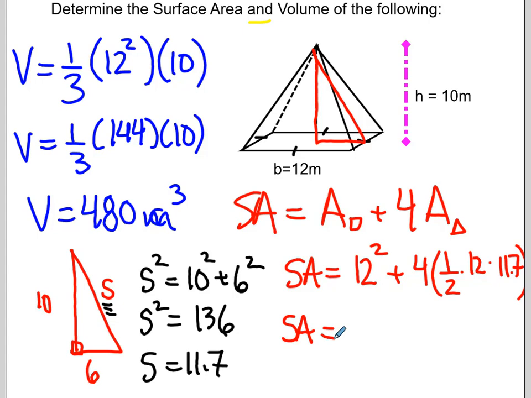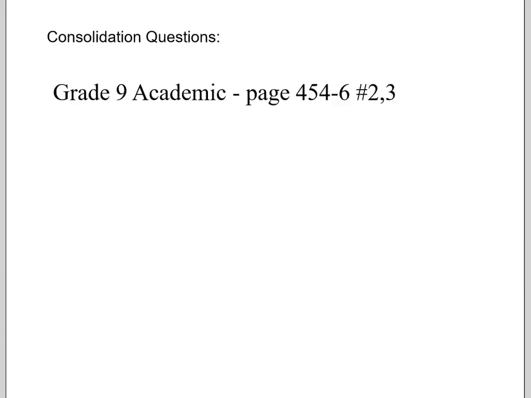There's 12 squared plus 4 times 0.5 times 12 times 11.7, and it looks like it's 424. Can't see my calculator in here, and the units on this would be meters squared. Just a reminder, area is measured in squared, volume is measured in cubes. So there's a couple questions to try.